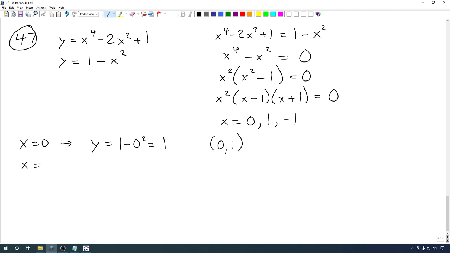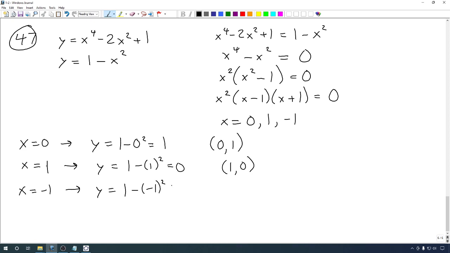If I put in x equals, let's just do the 1 first. Then y is equal to 1 minus 1 squared. Well, 1 minus 1 is 0, and so we get the point 1, 0. Finally, when x equals negative 1, very similar. Y is equal to 1 minus, this time, negative 1 squared. But the square just turns that into a positive 1.